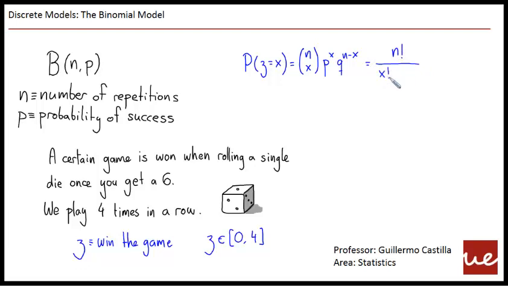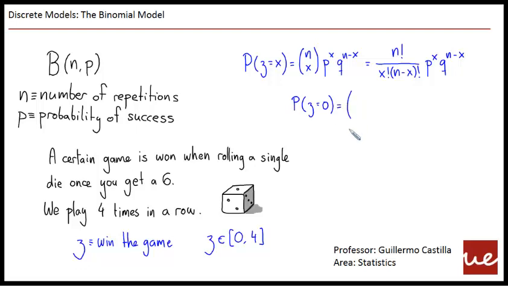So this would be the factorial of n over the factorial of x times the factorial of n minus x, times p to the power of x times q to the power of n minus x. That would be the complete probability of chi being x. Okay, this is what we'd call the quantity function of the binomial model, which would be represented as f of x. So the probability of chi being x is f of x.